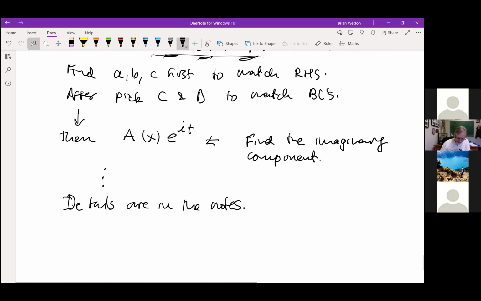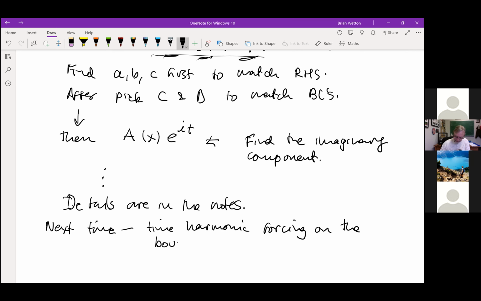So next time, we've got one last main topic, which is we're going to do a time harmonic forcing on the boundary. We're going to do it with the heat equation and the wave equation.